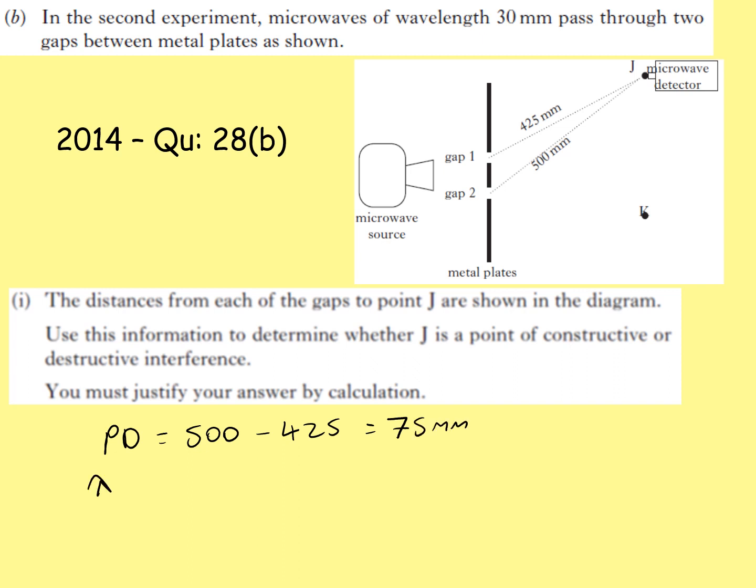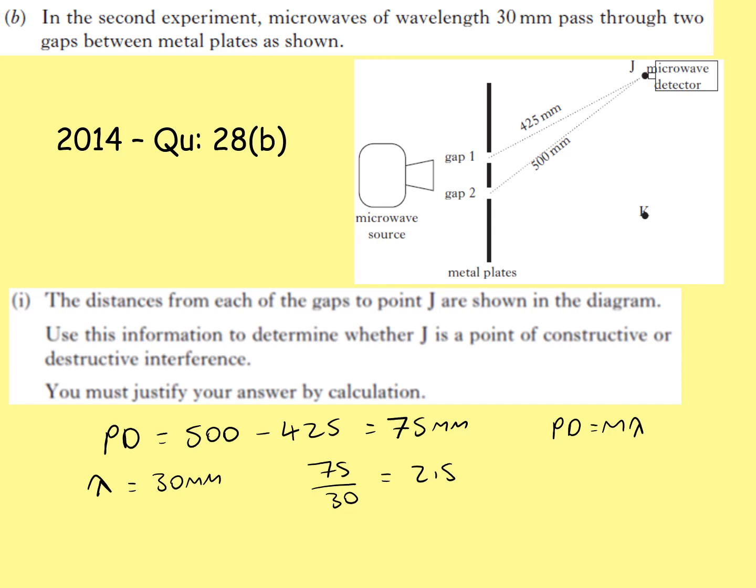The wavelength is equal to 30 millimeters, as shown in the question. 75 divided by 30 is equal to 2.5. Remember our conditions for constructive and destructive interference. For constructive interference, the path difference is equal to m lambda.